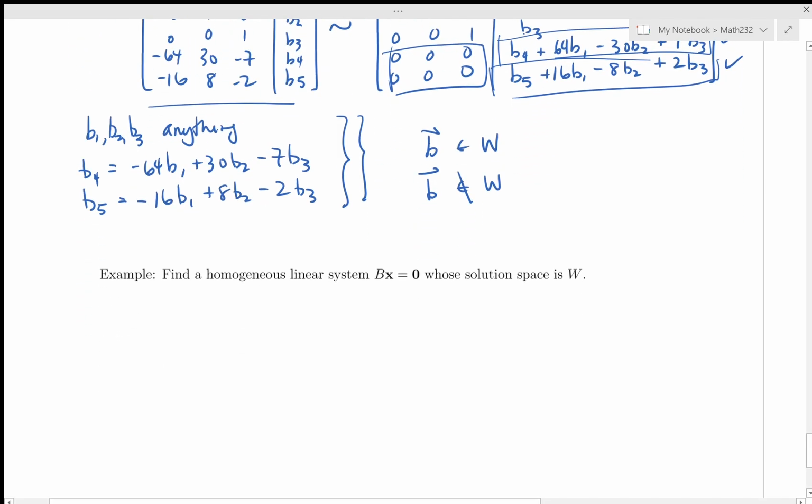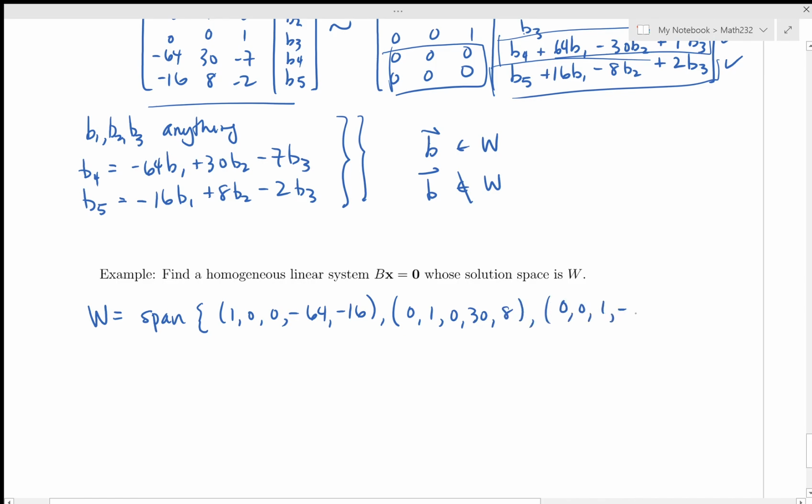Now what I want to do is find a homogeneous linear system whose solution space is W. Let us remind ourselves what W is. W is the span of these three vectors here: 1, 0, 0, minus 64, minus 16; 0, 1, 0, 30, minus 8; and 0, 0, 1, minus 7, 2.